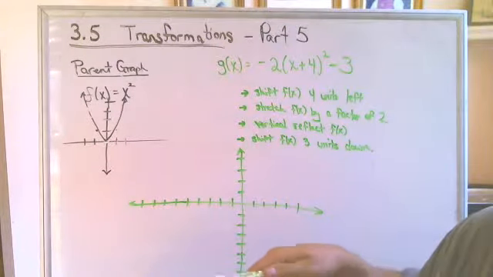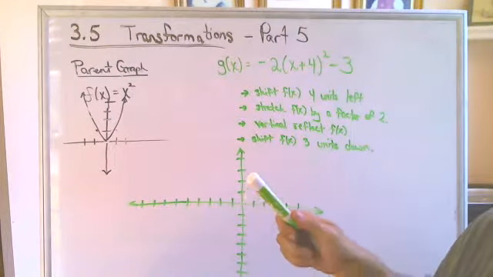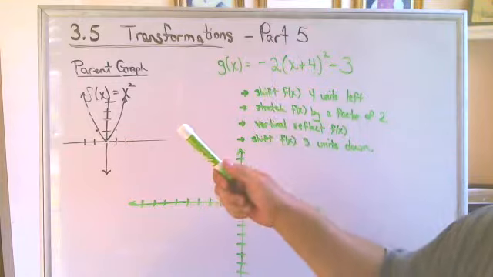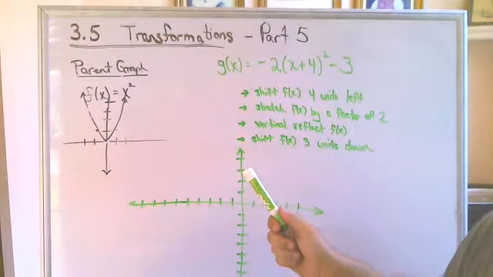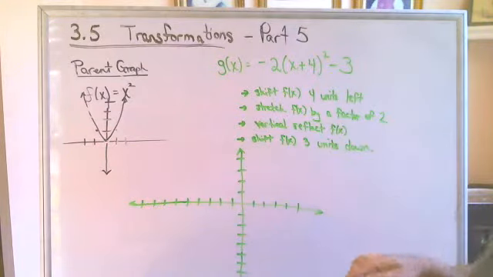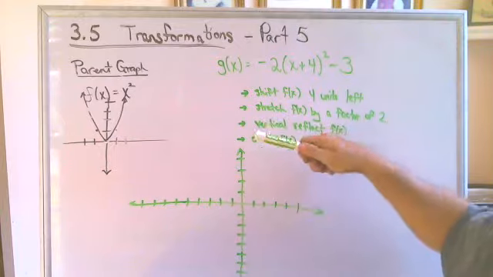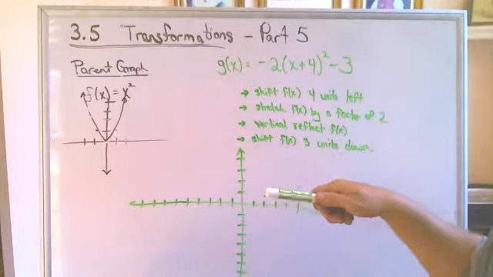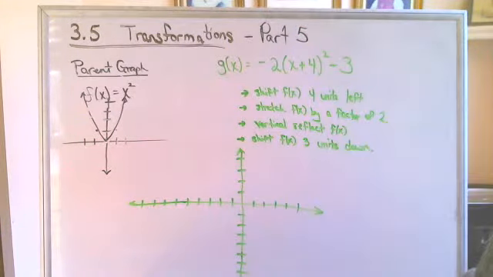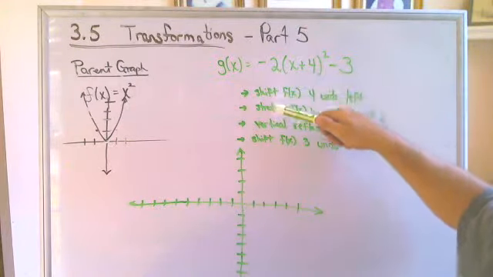Maybe it's moved to another location, or it's been distorted, but it's still part of the parent. So that's why I call them a child. Well, this child has 4 different characteristics. So this child actually has a multi-personality. It has 4 different personalities.